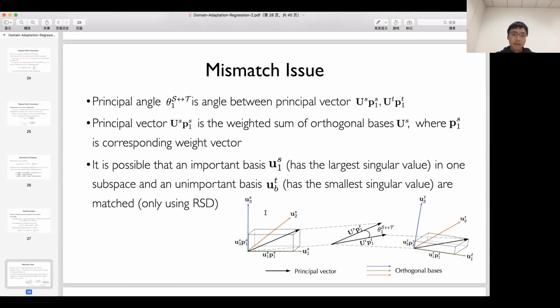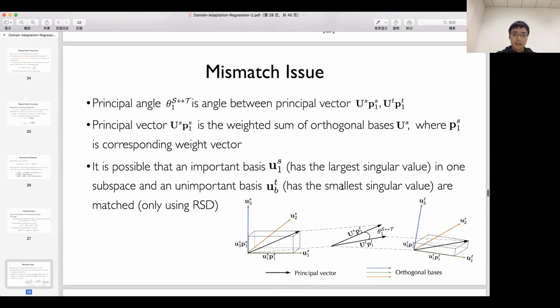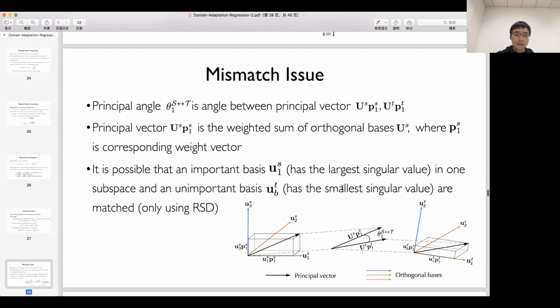So we find that it is possible that a very important basis U1S, which has the largest singular value in the feature matrix, and an unimportant basis U_BT, which has the smallest singular value, can be matched if we only use SVD.